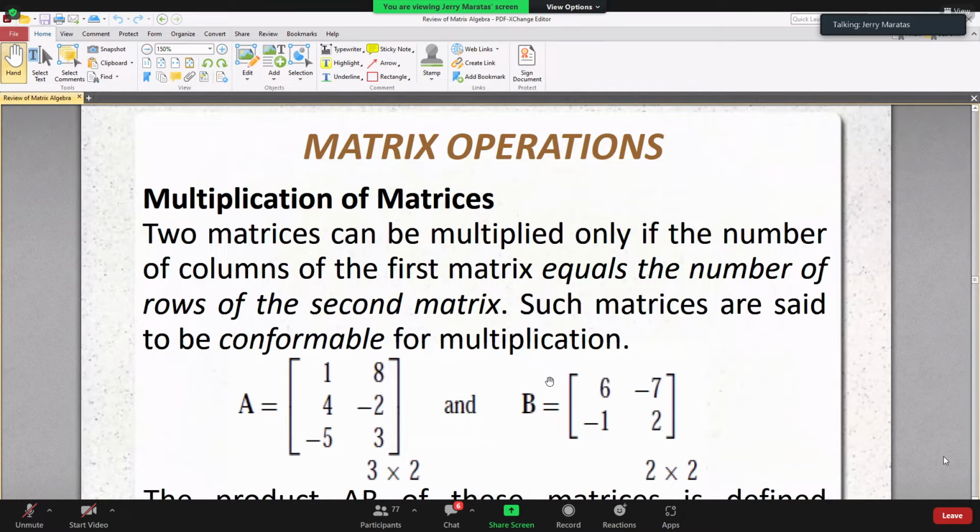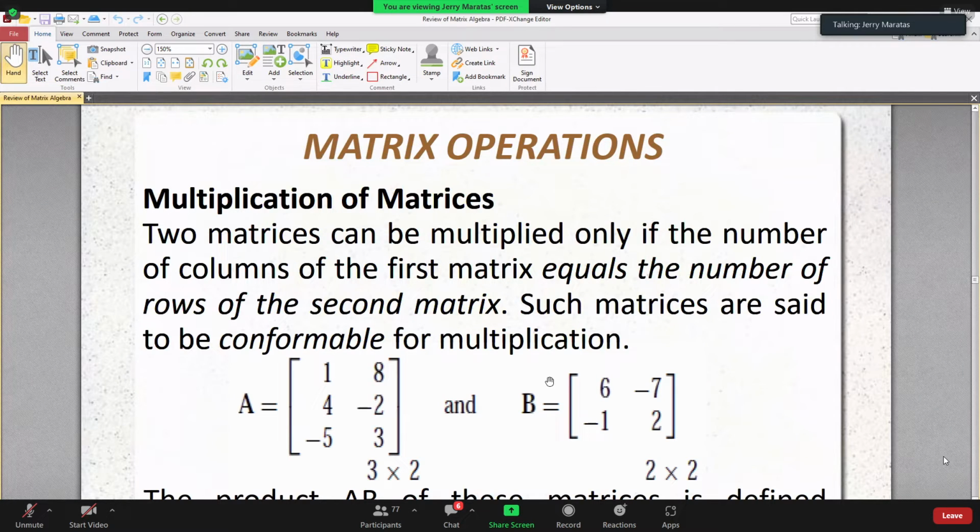Two matrices can be multiplied only if they are conformable. I'm using the term conformability. So you can only multiply two matrices if the two are conformable.